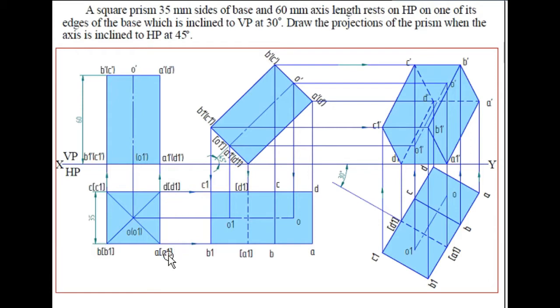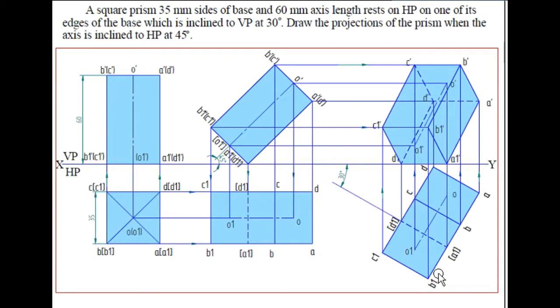With respect to this a1 and d1 reference, we have to tilt this view at an angle of 30 degrees. So this view will be tilted and placed at an angle of 30 degrees, making sure that a1 and d1 will be lying at an angle of 30 degrees, right? So the naming will be retained as it is.